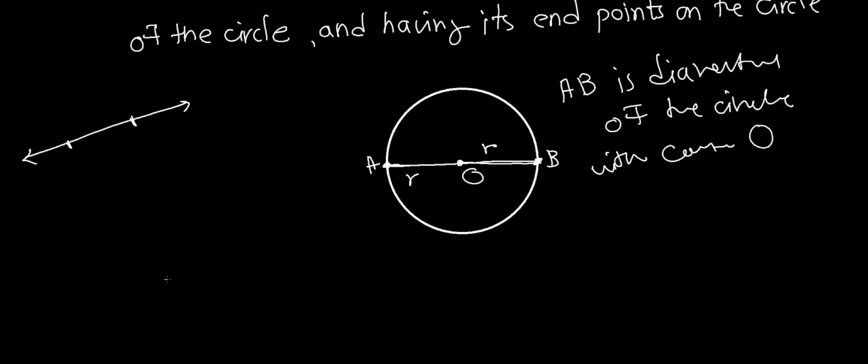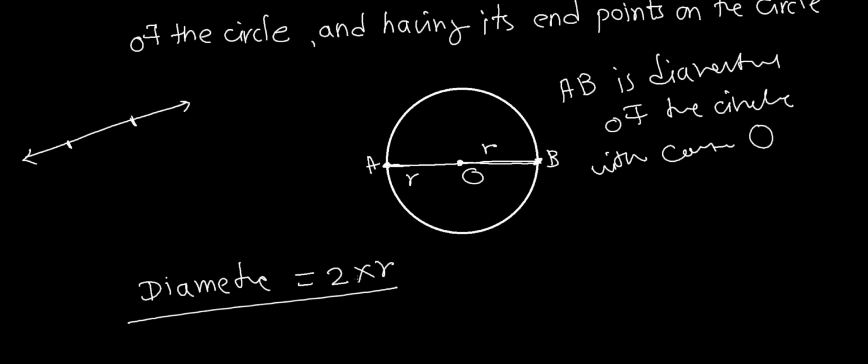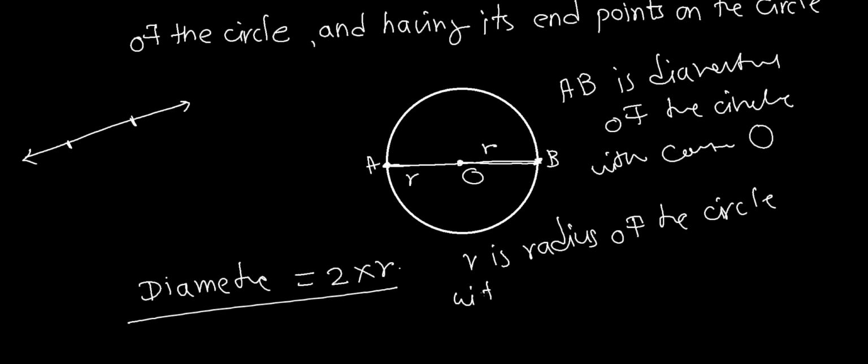So we can say diameter is actually equal to 2 into R, that is 2 into radius. R is the radius of the circle with center O.